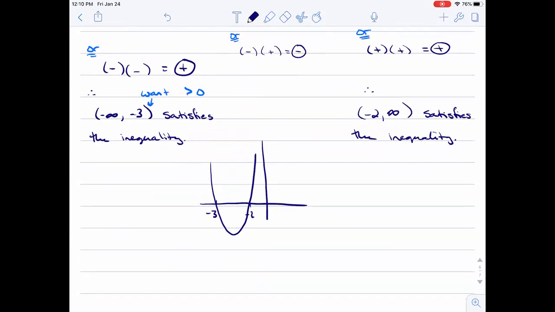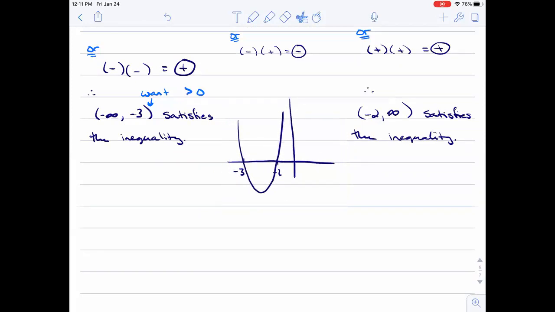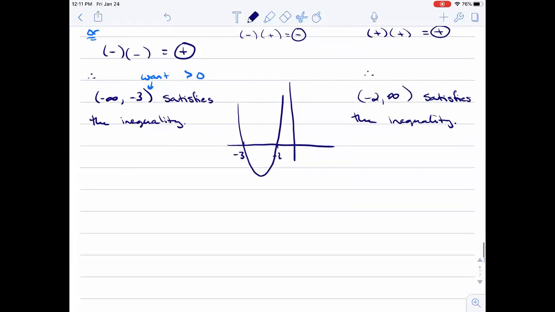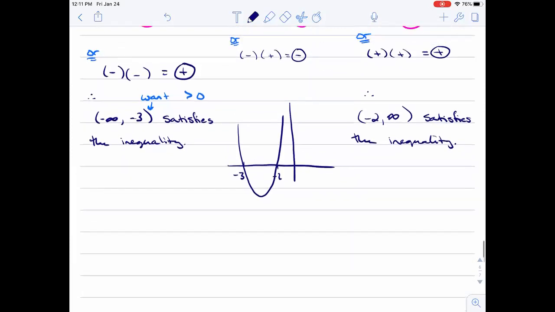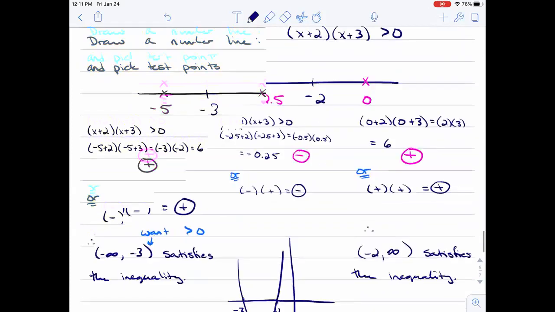So what we can say, if I move this up a little bit here. We can use the original or just the x plus 2 times x plus 3, it doesn't matter.